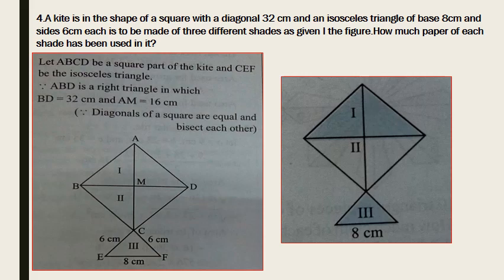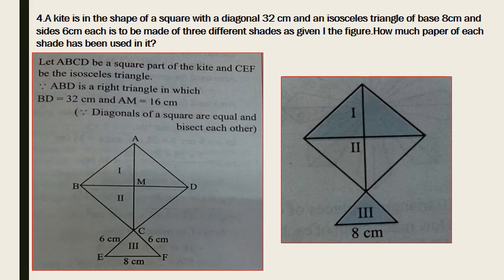ABD is a right triangle in which BD is 32 centimeter and AM is 16 centimeter, because the diagonals of a square bisect each other. So the diagonals are equal also. Since the diagonals are equal, both the diagonals AC and BD are equal to 32 centimeter.